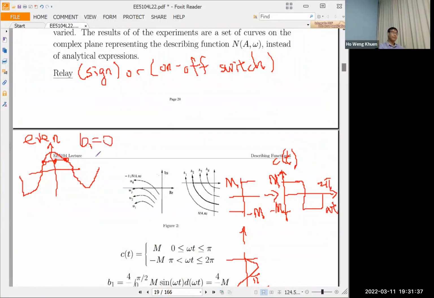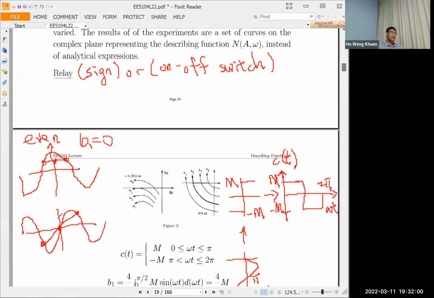Don't go and waste your time integrating. This is an odd function. A sine wave is a standard odd function. You take a ruler, you pass through any point. This distance to this distance is always the same.